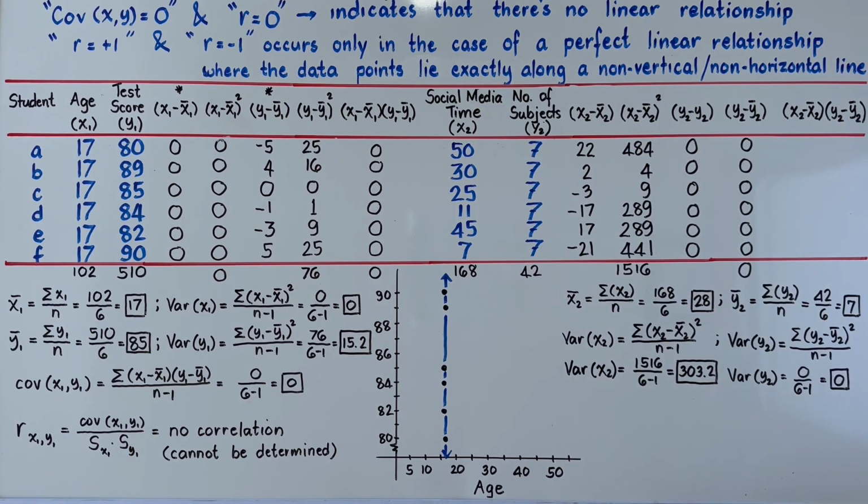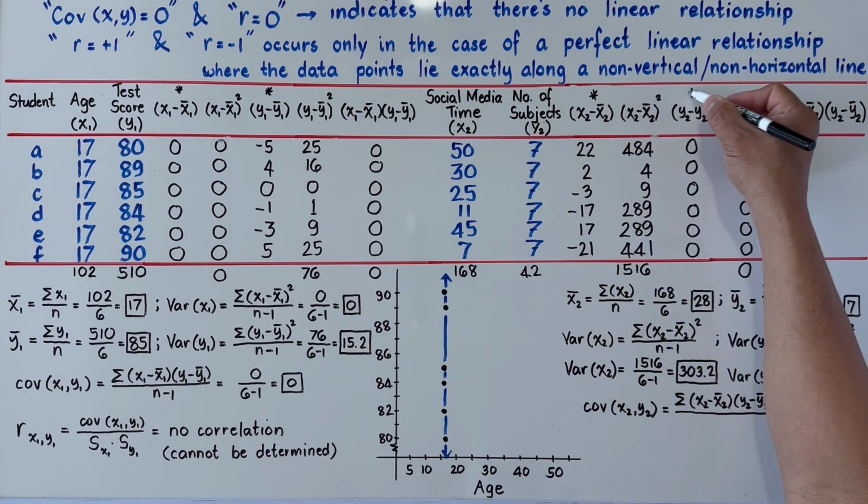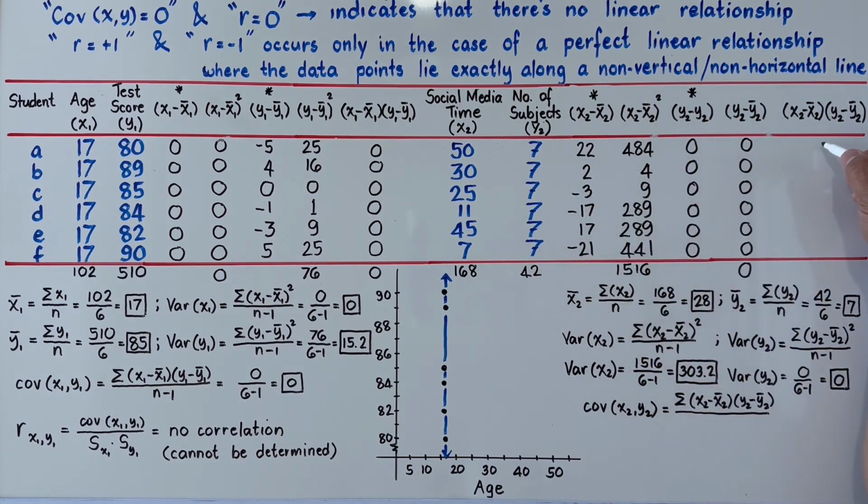It's constant. Now, let's compute for its covariance. The covariance of x sub 2 and y sub 2 is equal to the summation of x sub 2 minus x sub 2 mean times y sub 2 minus its mean. And this can be obtained by multiplying this column and this column here. So 22 times 0 is 0. 2 times 0 is 0.